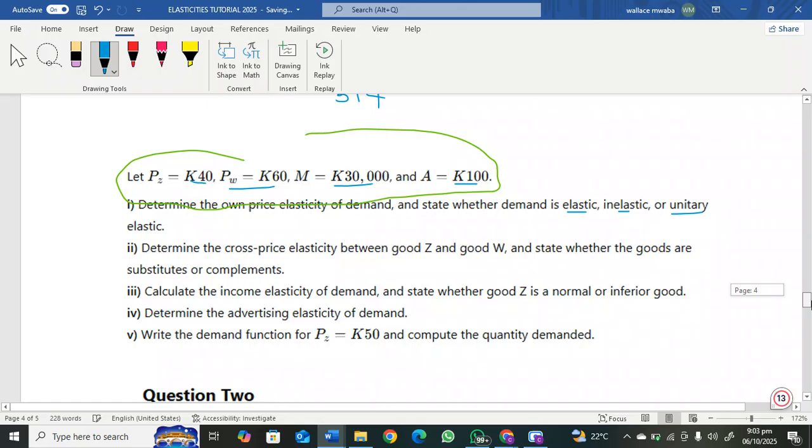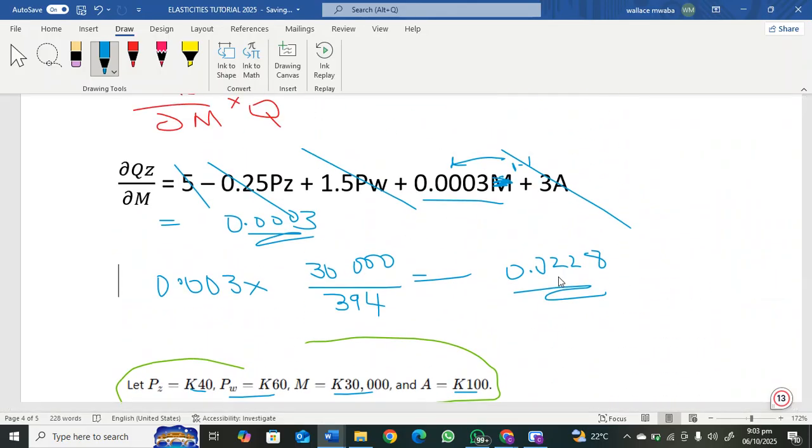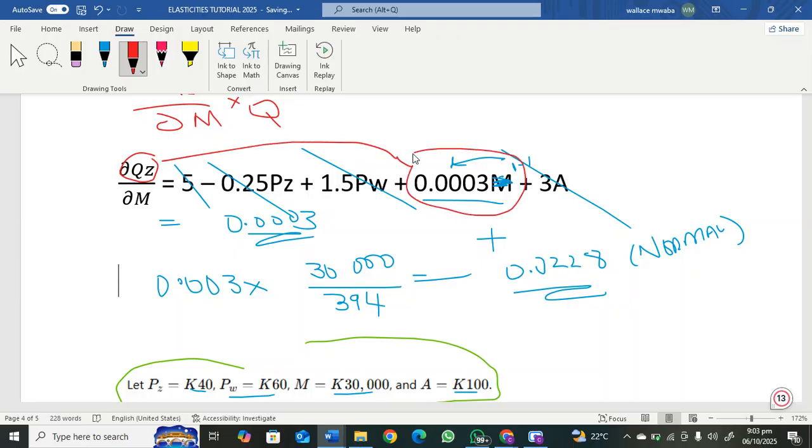Oh, almost similar to the other one. 0.0228. So since the value is positive, we can say this is a normal good. And as I said, even without calculating this income elasticity of demand, if you look at the relationship between QZ and M in your demand function, 0.0003 M, holding these other variables constant, there is this plus sign.